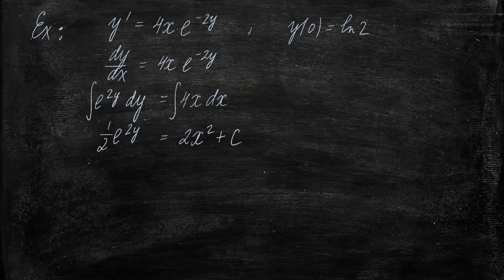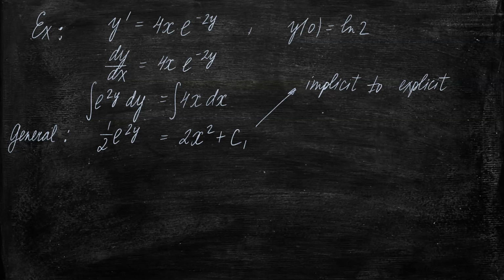So this is the general solution in implicit form. So let's call this c1, and let's rewrite this equation from implicit form to explicit form by isolating the y.